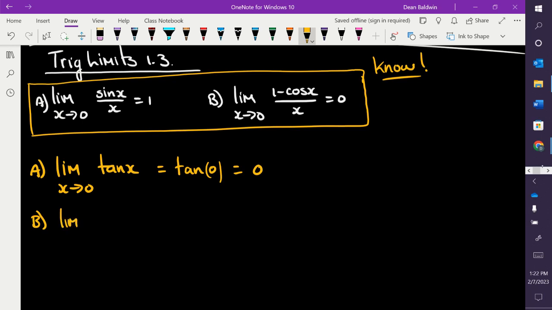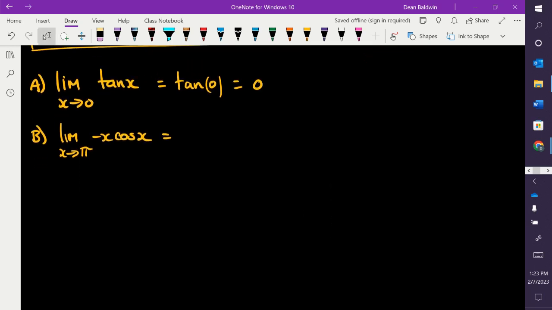If I said the limit as x goes to pi of negative x cos x, does cosine have any undefined points? No. Does x? So you just plug it in. So it's negative pi cos of pi.